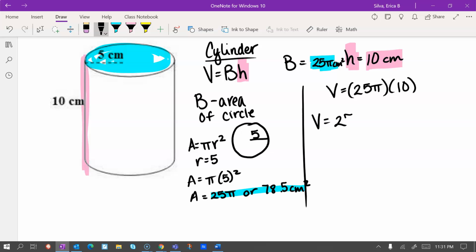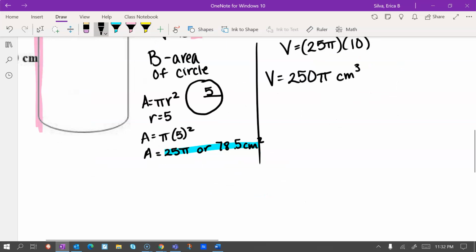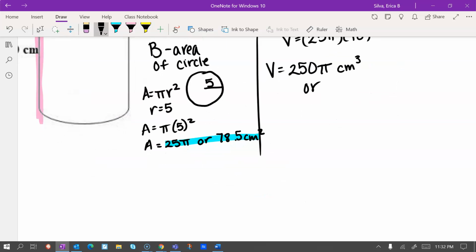So 25 times 10 is 250 pi. And now we go ahead and cube our units. Or if we multiply that pi in, we end up with 785.398 centimeters cubed. So we'll be rounding to the nearest thousandths.